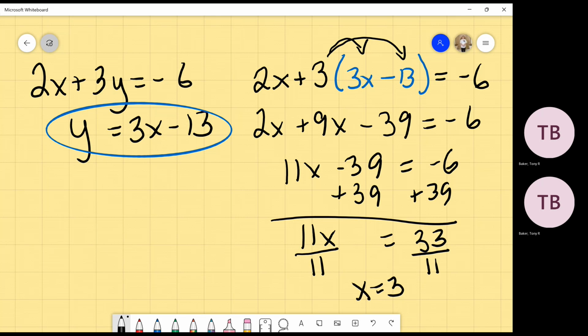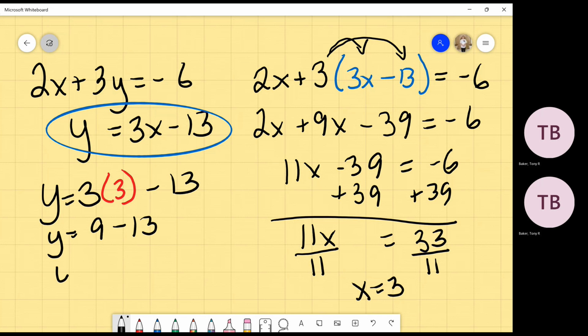Once we have x, we still need to find y. The nice thing about the substitution process is one of the equations will solve for the other letter. So it makes it really easy to plug in. So I'm going to take that x now and I'm going to plug it into my other equation. So y equals 3 times 3 minus 13. 9 minus 13.